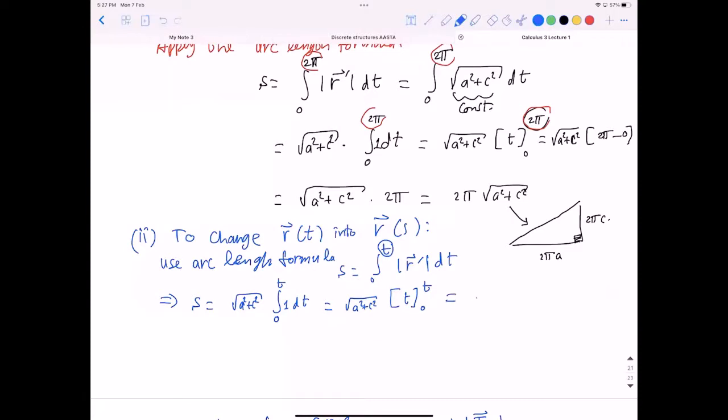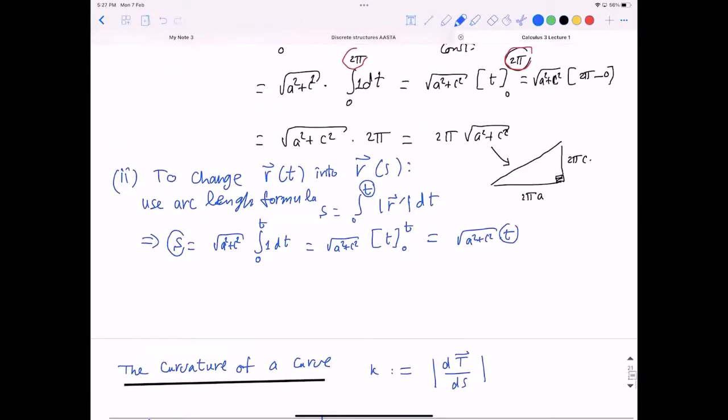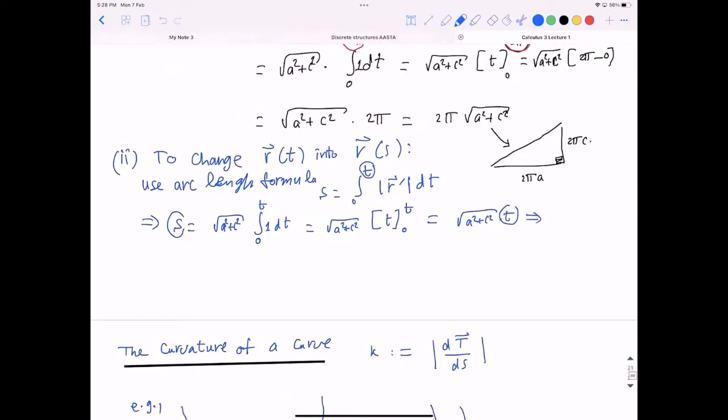This means square root of a square plus c square times t. So this depends on t this way. How to get rid of t and put s? Divide by this square root. So t equals s over the square root of a square plus c square. This is the required transformation.